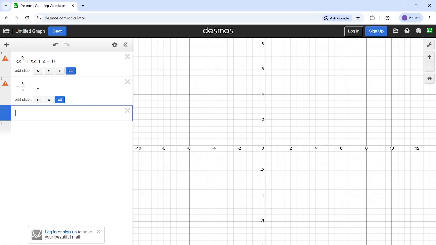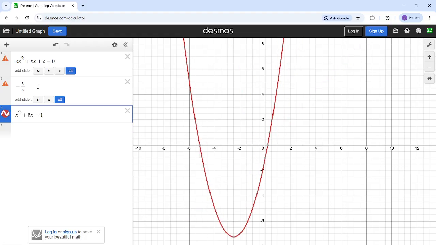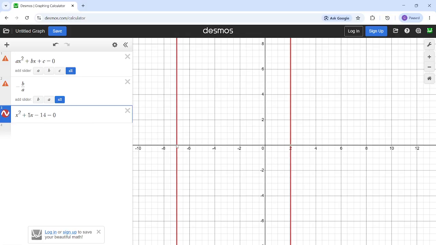We have two solutions, right? -7 and 2. If we want to find the sum of solutions, we will add them. It will be -5. Their sum of solutions is -5. And if we indeed divide -b, which is -5, by 1, which is hidden here, not given, it will still be -5.